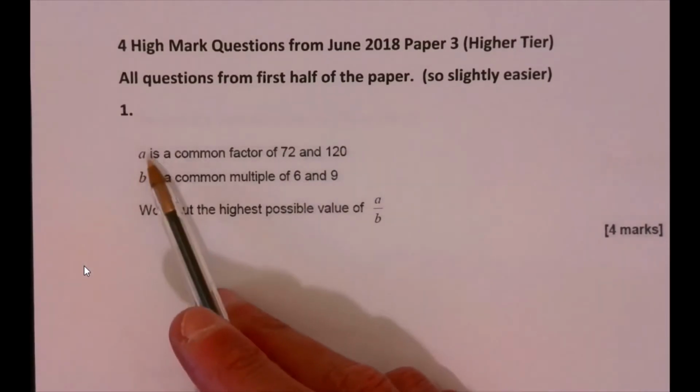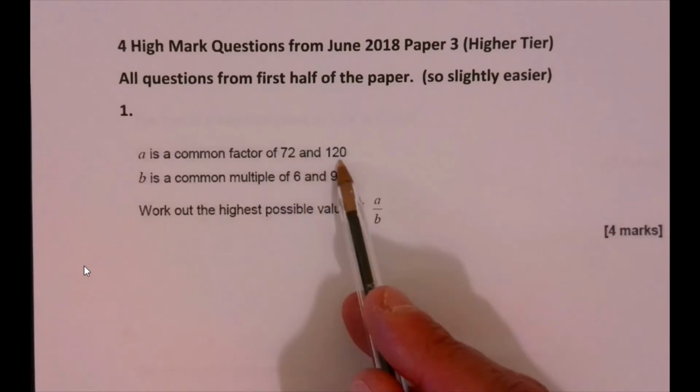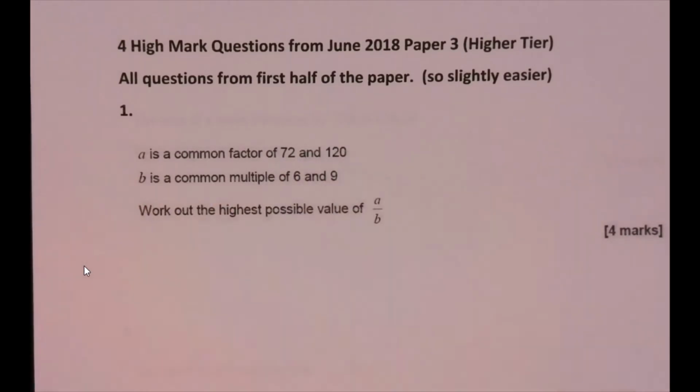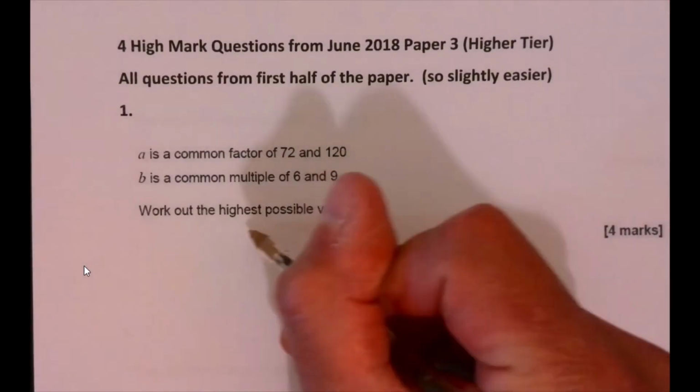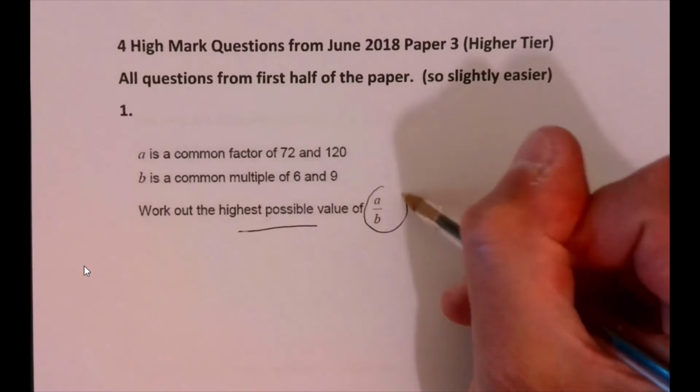Think about what I want to do here. Again, I've got quite a bit of information. A is a common factor of 72 and 120. B is a common multiple of 6 and 9. So if I look at this, I want to get the highest possible value of this.